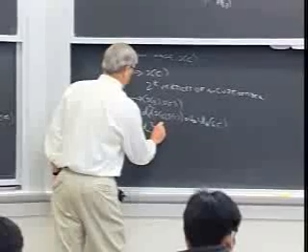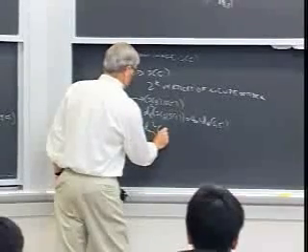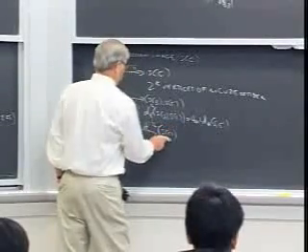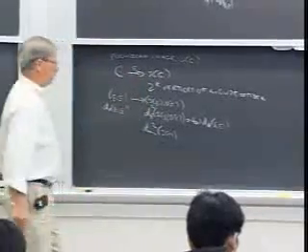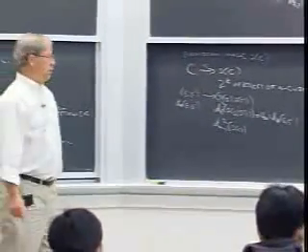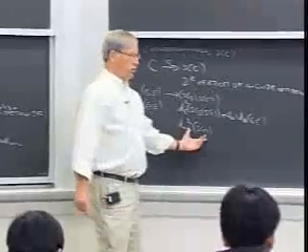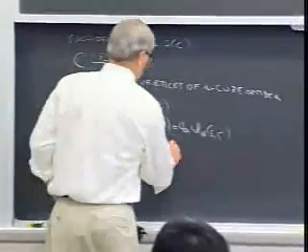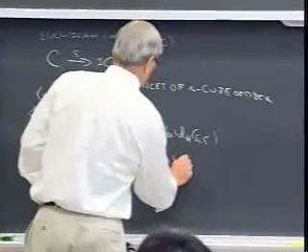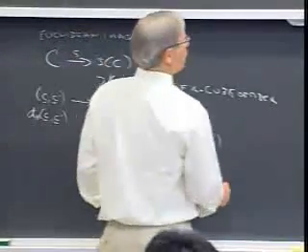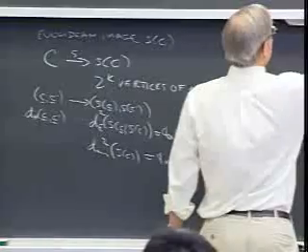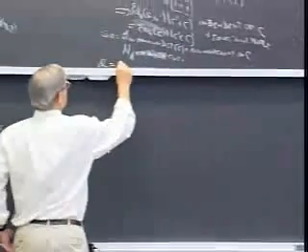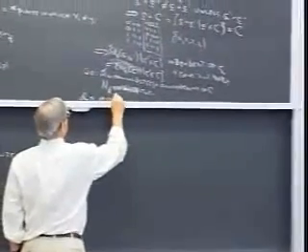D min squared of S of C, this constellation that we formed by taking the Euclidean image of C, the minimum squared distance between points in S of C is just going to be 4 alpha squared times d, where d equals min Hamming distance.